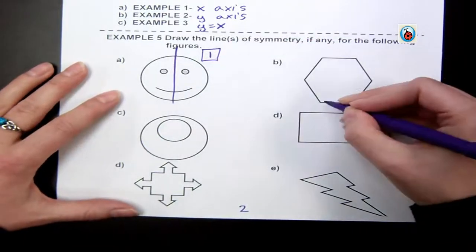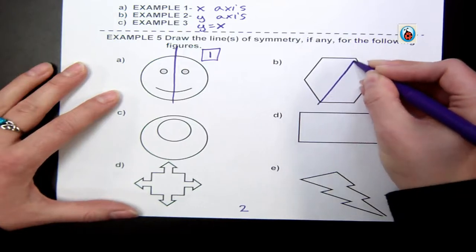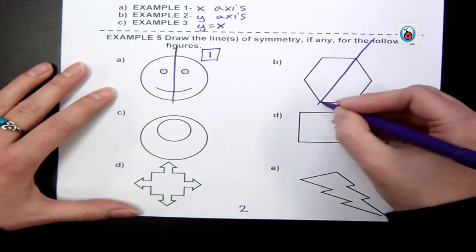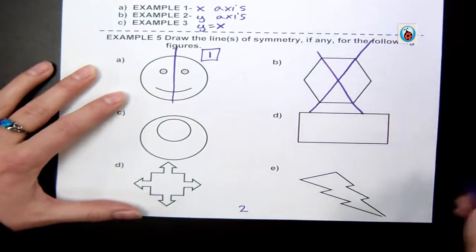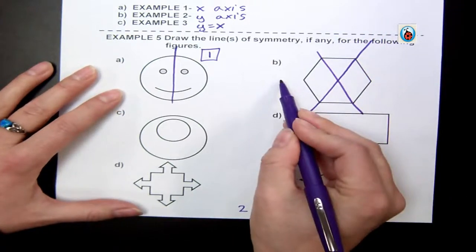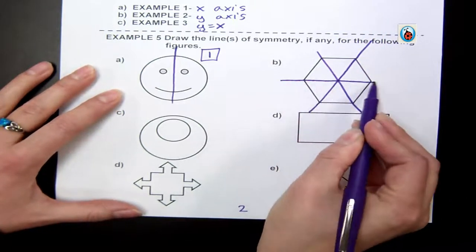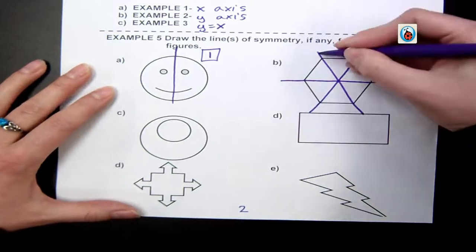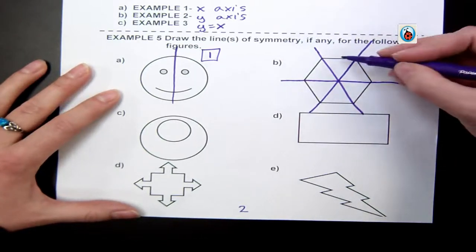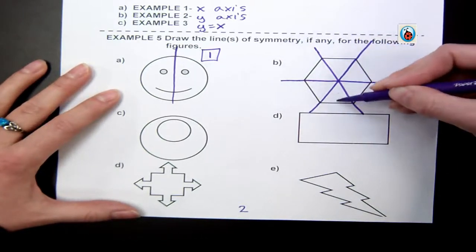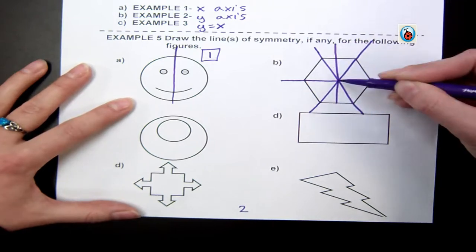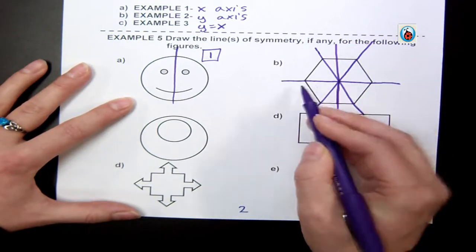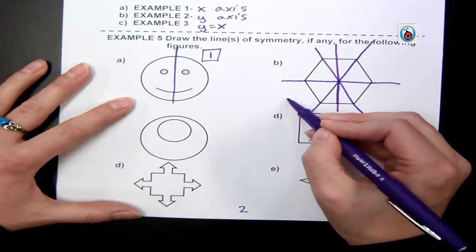If I have this one, well, I could cut it in half this way. I could also connect these corners, cut them in half this way. I could cut them in half this way. That's 3 lines already. Could I also divide each side in half? If I do it this way, that's still equal halves on either side, and so I'm going to do that for every side.